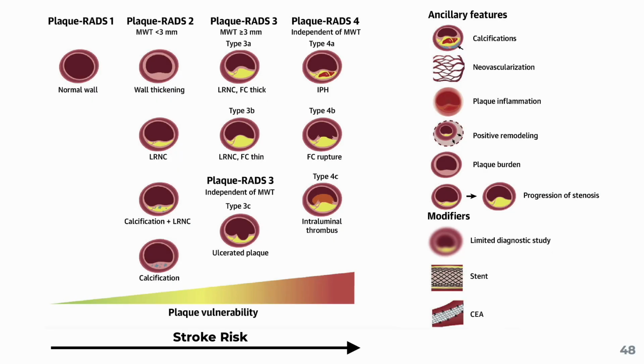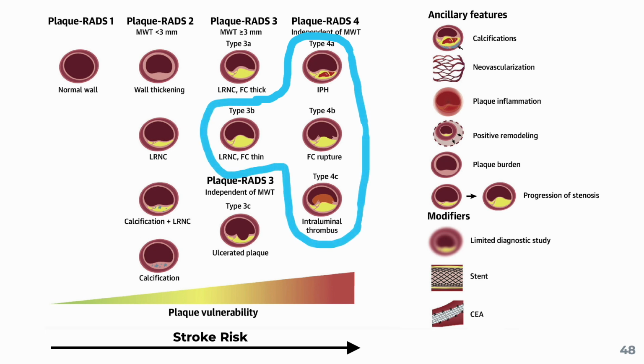So looking at the summary of the Plaque RADS scoring system using ultrasound alone, there is a gray area where it's hard to distinguish whether a hypoechoic plaque falls in the score of 3B, 4A, 4B, or 4C.